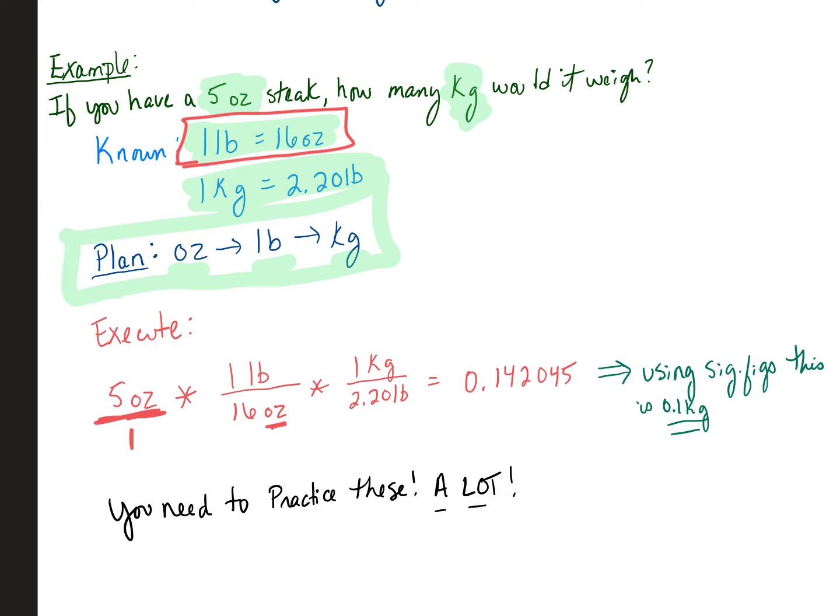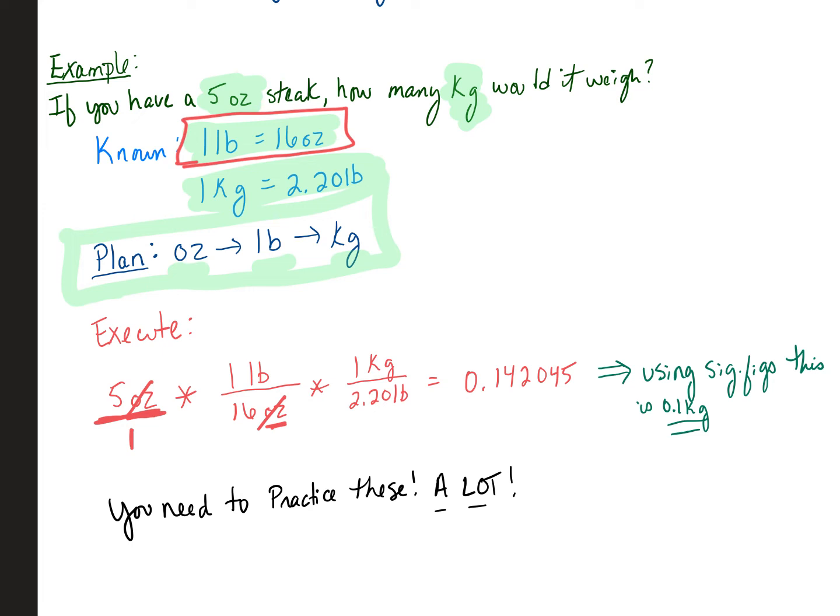So in this case, I've now got 1 pound on top, 16 ounces on bottom. So these will cancel. Notice I haven't done a single thing with numbers. Not paying attention to that, just making sure that they're in there, so that 16, for example, goes on bottom with the ounces. If ounces went on top, 16 needs to go up top.